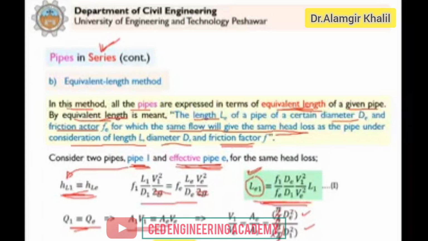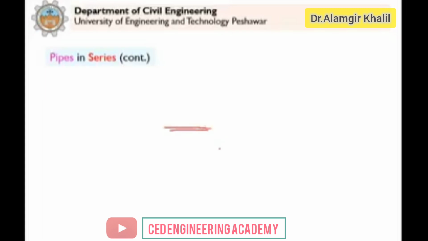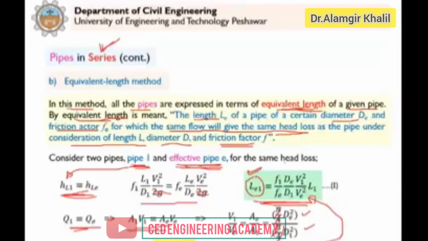So now this equation 2 we can bring and put here. You can see here V1 square divided by VE square. So if we put these values, you will get this expression for LE1. So now instead of the velocities here, instead of this velocity here, we just put this here.